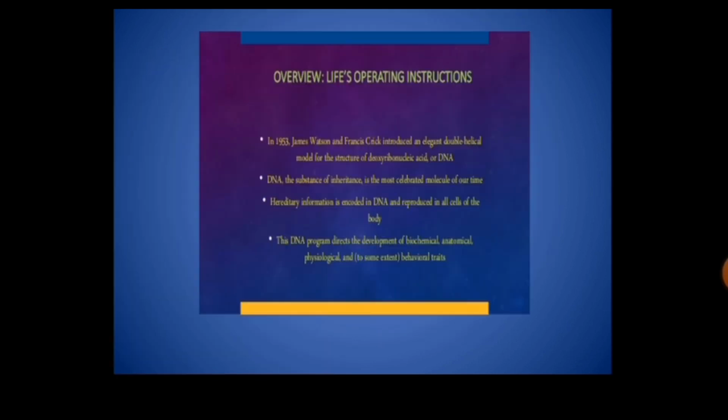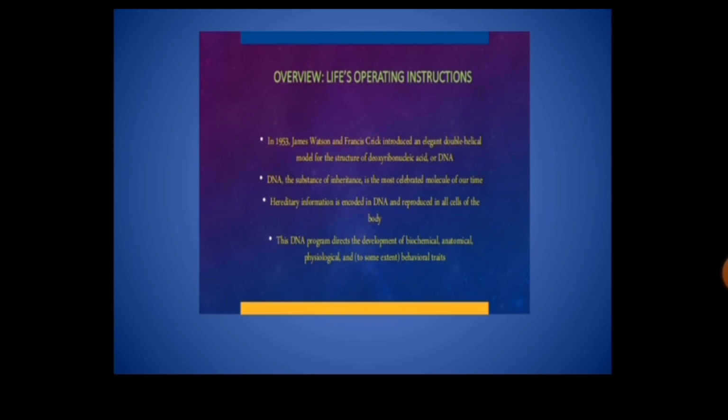DNA, that is deoxyribonucleic acid. Remember, most of the organisms, not all the organisms. Exceptions are there, like for example virus, where DNA is not the genetic material, rather RNA is the genetic material. Now here I am just telling you, okay? So DNA is the one which is responsible for all this inheritance.